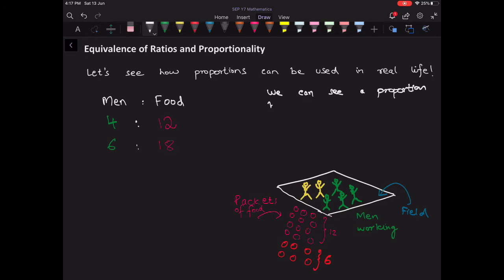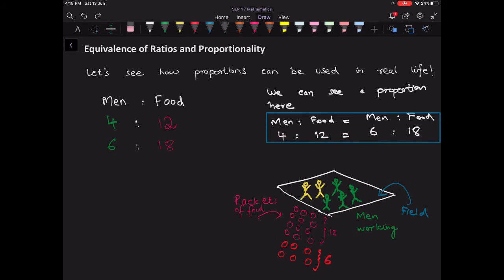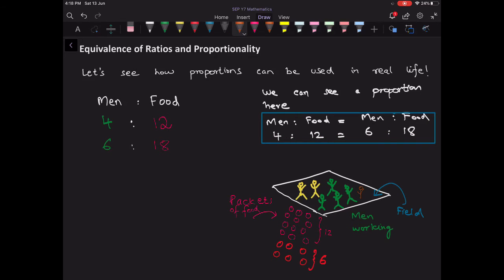We can see a proportion here. If we take the first instance, we have 4:12, and in the second instance we have 6:18, and both the ratios are equivalent. Let us see what happens when we add 3 more men to the team. We have now a total of 9 men.